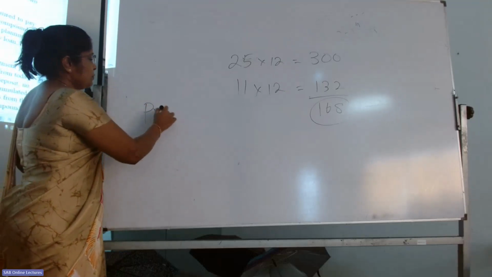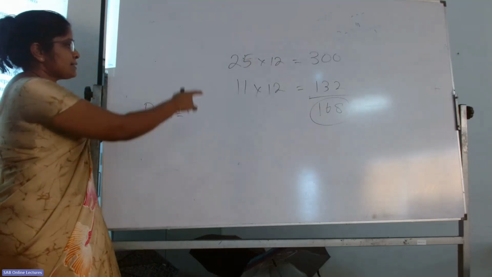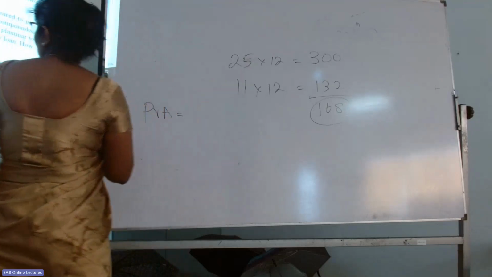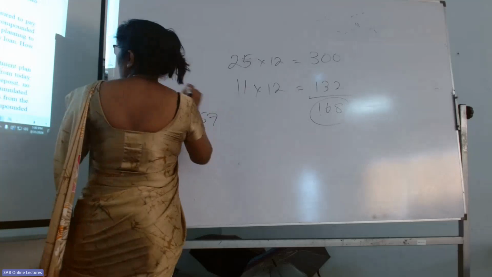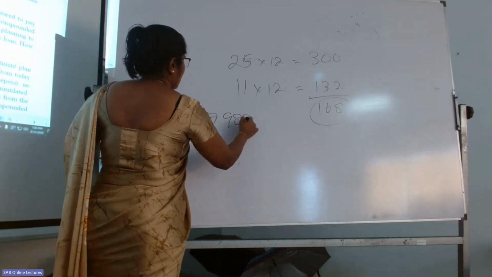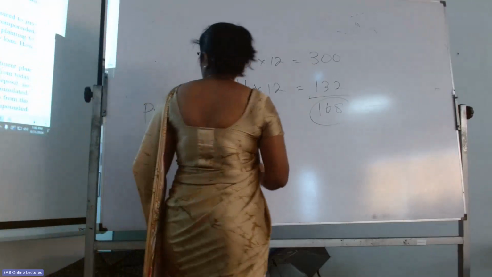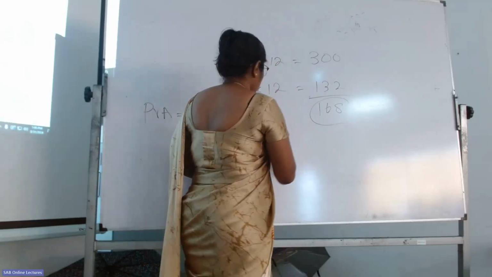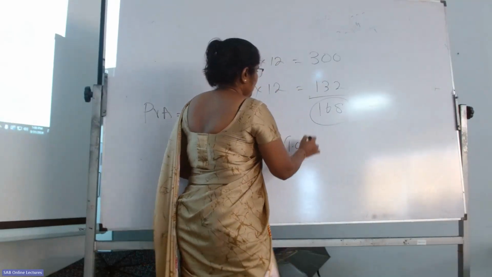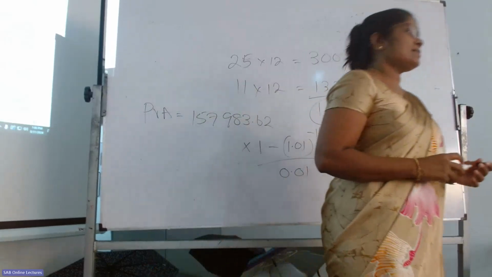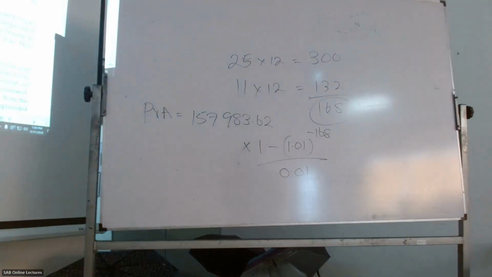There are 168 outstanding installments. The installment value is given: 157,983.62 into 1 minus 1.01 to the power minus 168 divided by 1%, since 12% per annum means monthly 1%. That is the answer. Right.